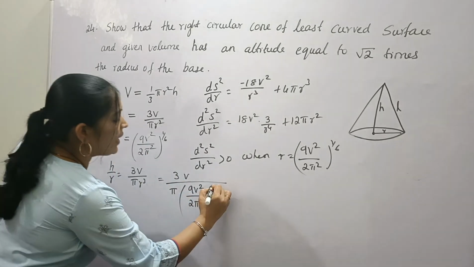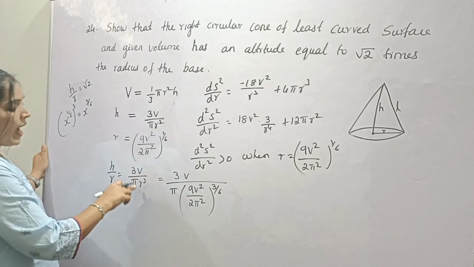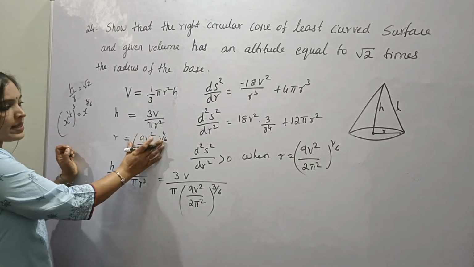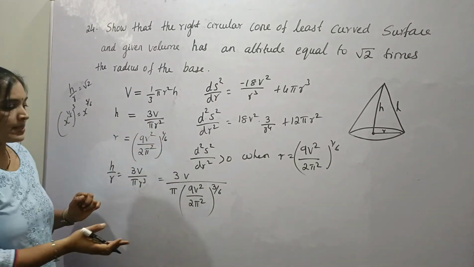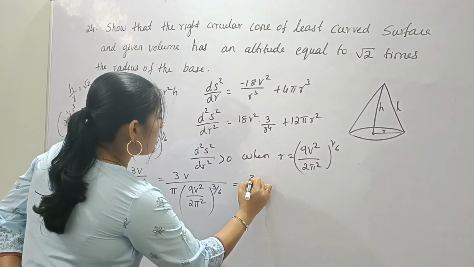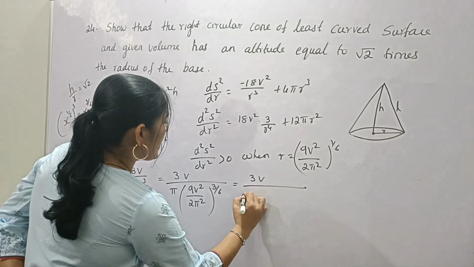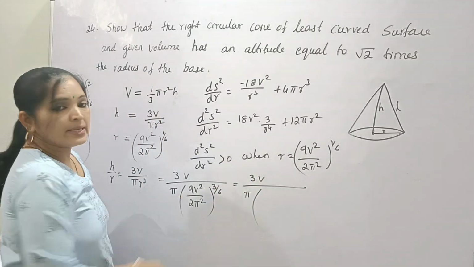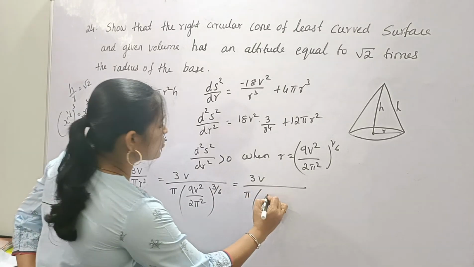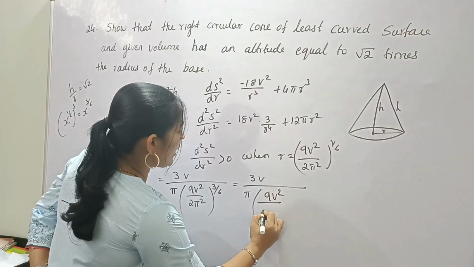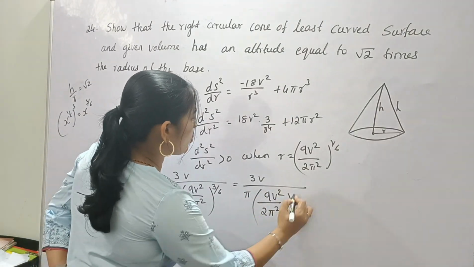So here it will be 3v divided by pi into, 3 by 6 is nothing but 1 by 2, so (9v square divided by 2 pi square) whole raised to 1 by 2.